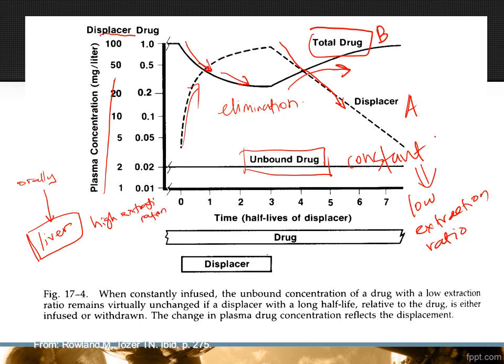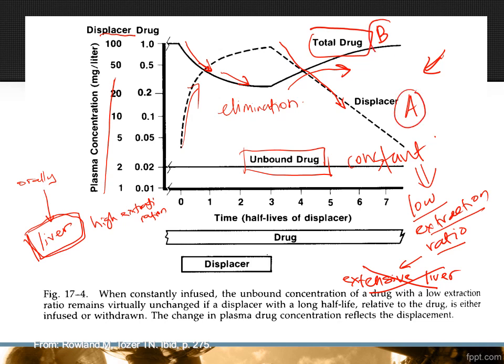When the drug has a low extraction ratio, due to a certain factor, for example a lack of enzyme for the elimination, or maybe involving a specific carrier for the metabolism, the drug does not undergo extensive metabolism in the liver. So this phenomenon, where the displacer A against B is observed and the unbound drug is almost constant, happens only to low extraction ratio drugs.